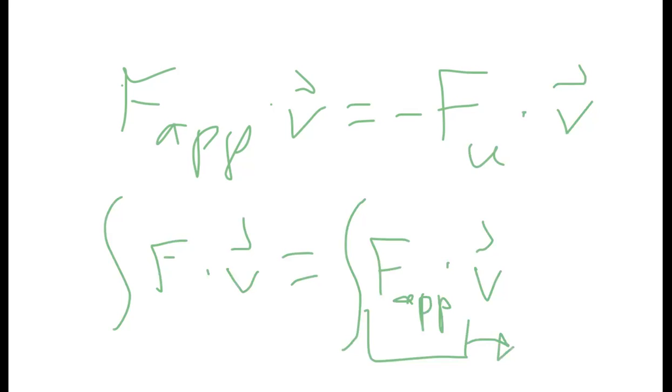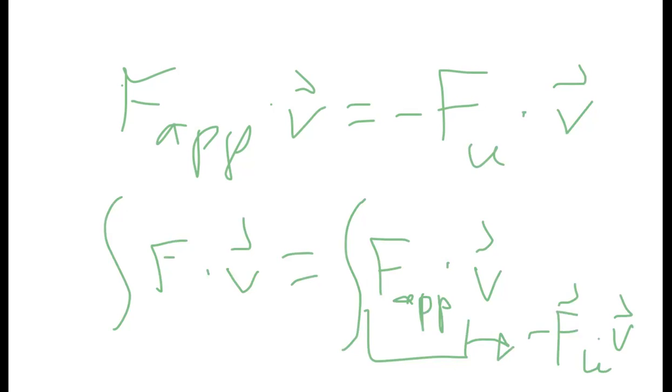So we can rewrite this as minus FU. We can say that our applied force is the negative of our U force dot V, and we're not too concerned about the perpendicular force, because that's not going to contribute to our final energy.